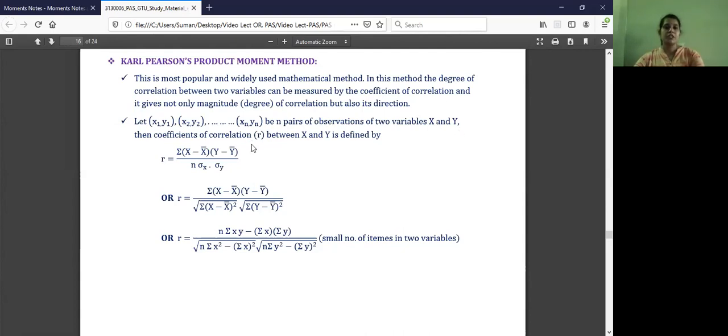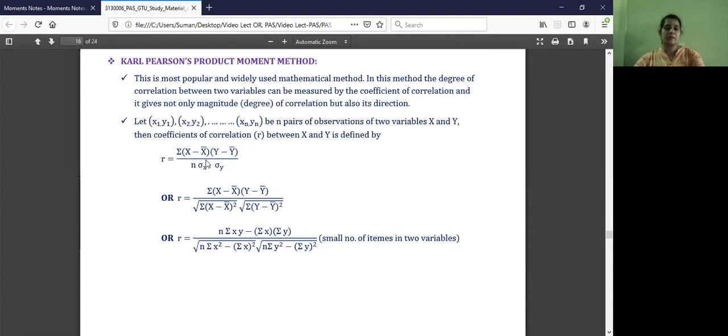Then the coefficient of correlation, small r, between x and y is defined by the formula r is equal to summation x minus x bar into y minus y bar.